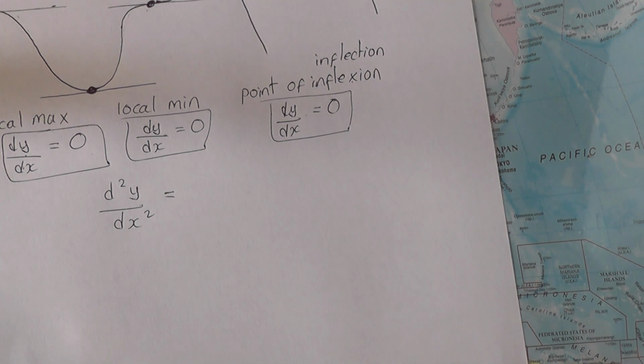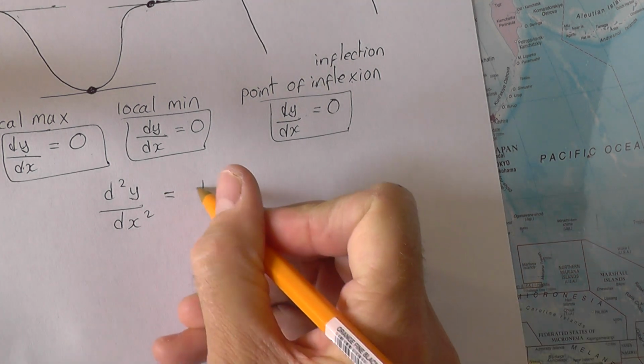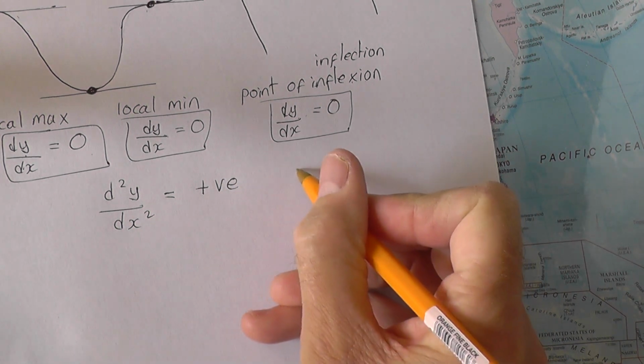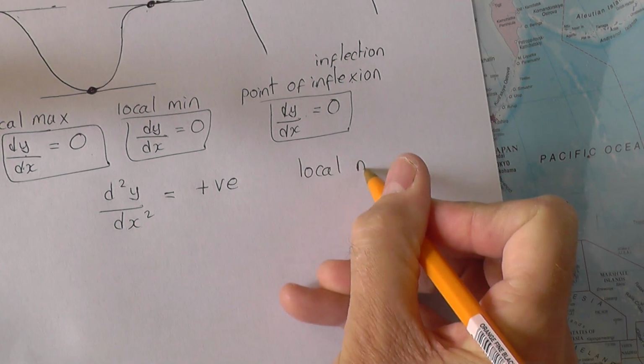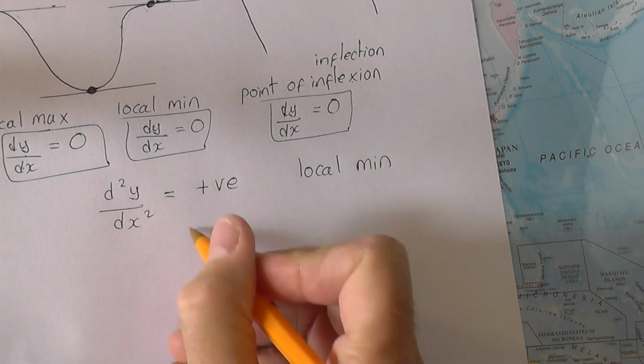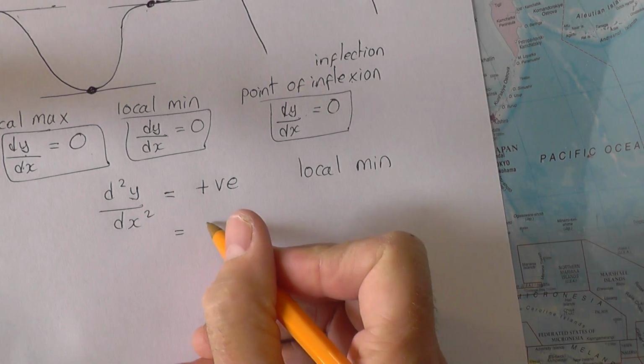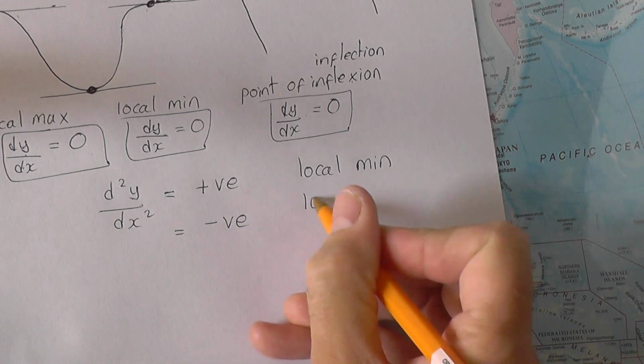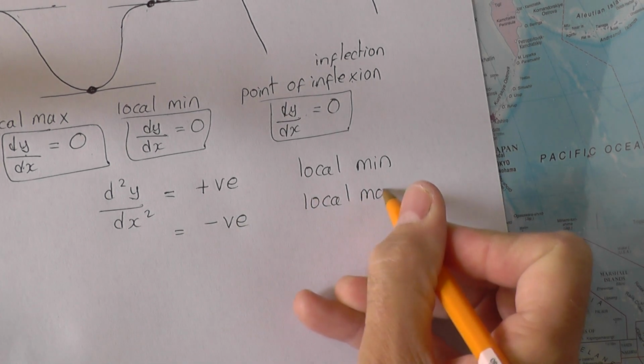You work out d2y by dx squared. If the answer turns out to be positive, it's a local minimum point. That's the basic rule that we followed. If, when you work out d2y by dx squared, it turns out to be negative, then it's a local max.